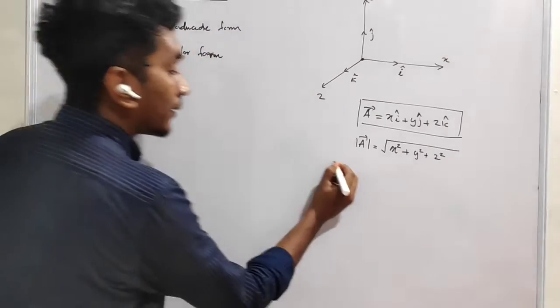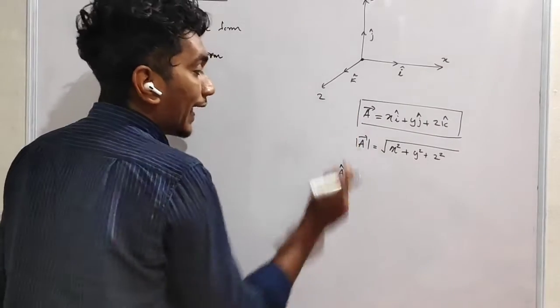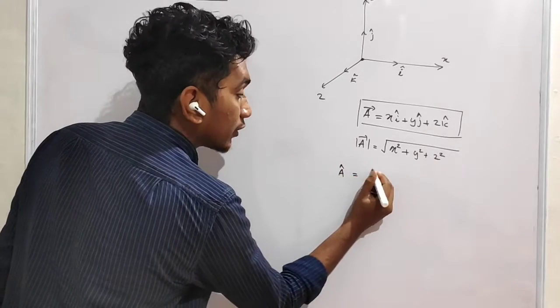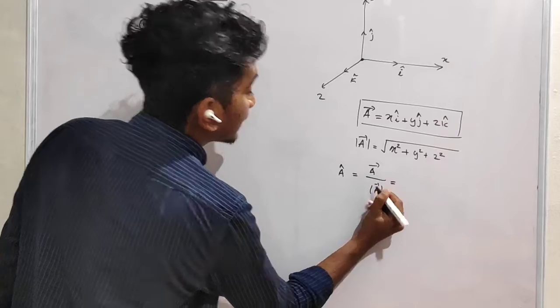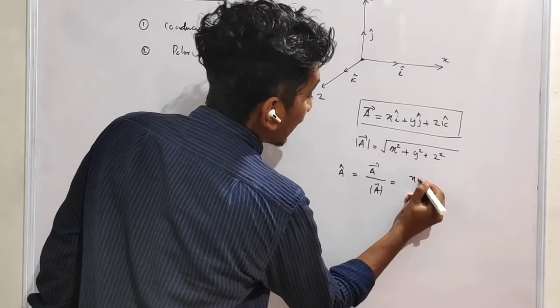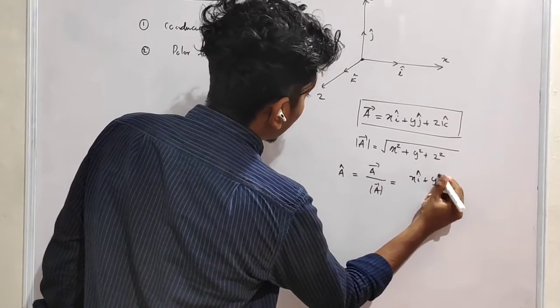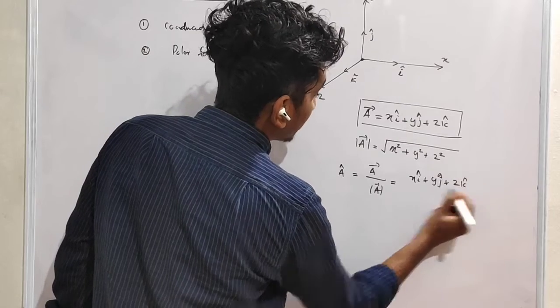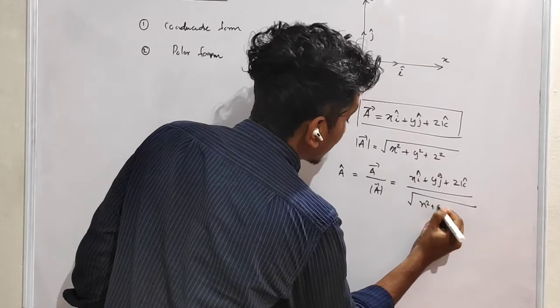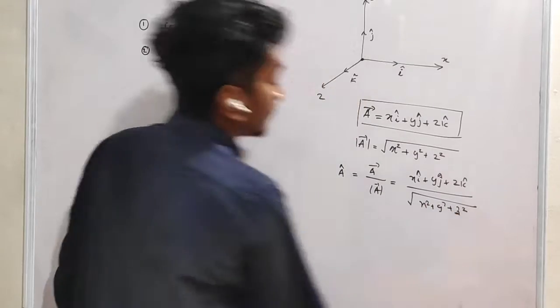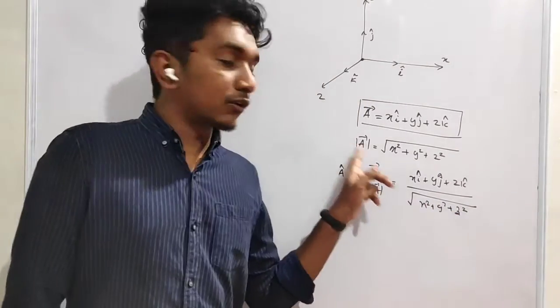And what about the unit vector along A? The unit vector along A is equal to vector A divided by modulus of vector A, which is equal to x i cap plus y j cap plus z k cap divided by root of x square plus y square plus z square. And how do we find out the magnitude?